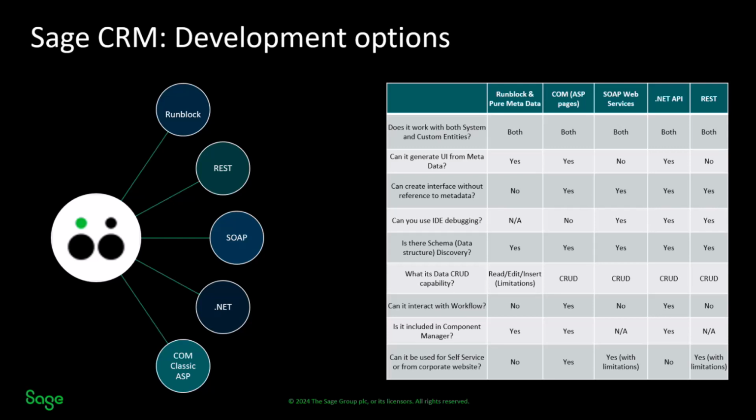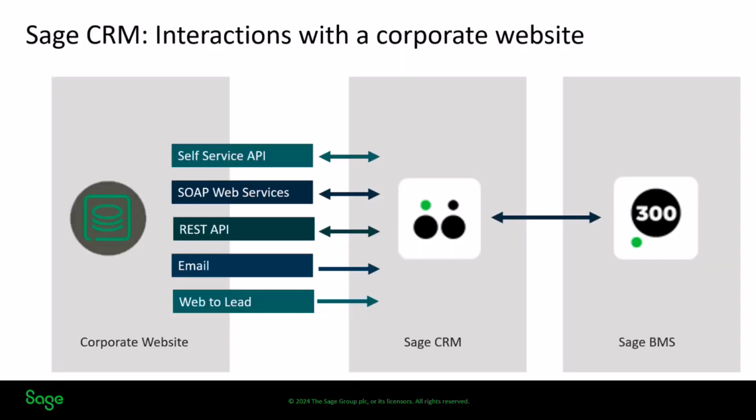That's important where a customer's site may want a completely decoupled environment that isn't relying on some sort of COM or SQL connection between a self-service corporate website and CRM. So you could use this in that sort of environment.